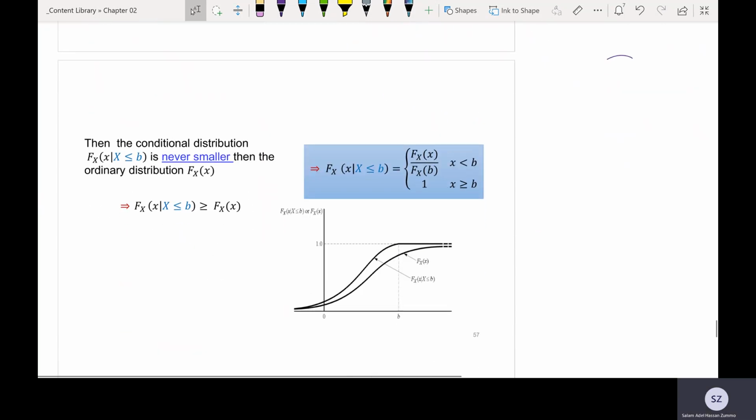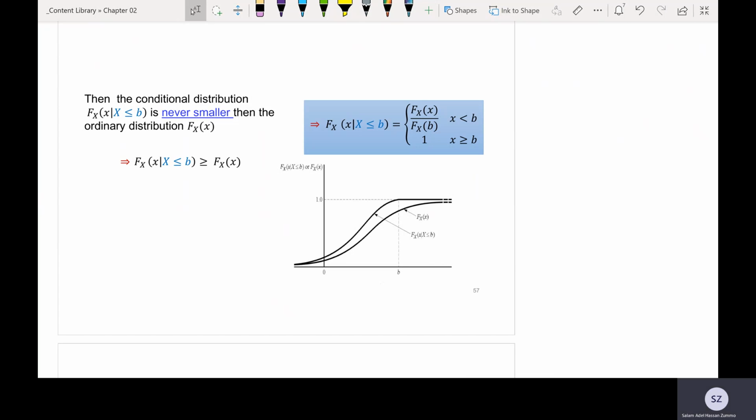Now the PDF looks like, so it's still the CDF. If this is the CDF of X, now look at the conditional CDF, given X is less than b. It's either equal to 1 or it's divided by, what do you think, is the denominator here larger or smaller than 1? Denominator, guys, is it larger or smaller than 1?